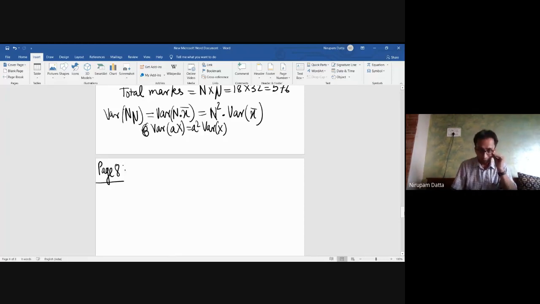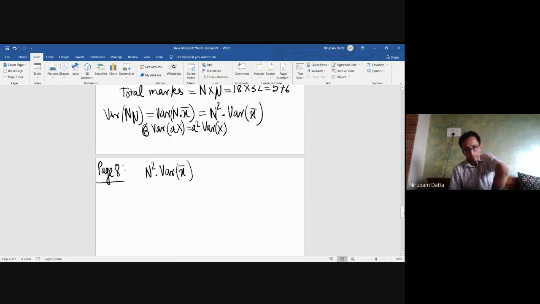Now N square variance of x bar. For a simple random sample of size n without replacement, what is the variance of the sample mean?